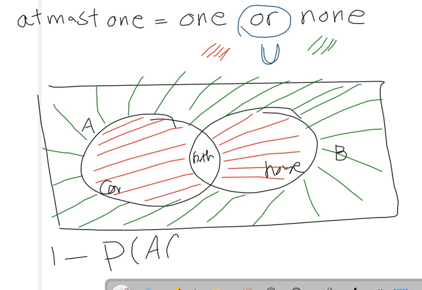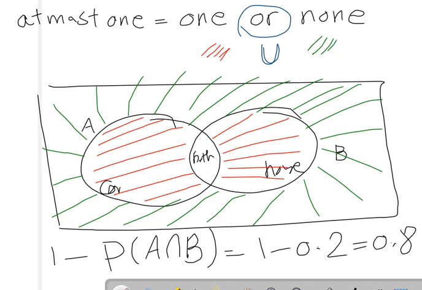It means 1 minus the probability of A intersection B, which is 1 minus 0.2, which is 0.8. So at most 1 is 1 or none, or 1 minus both of them.